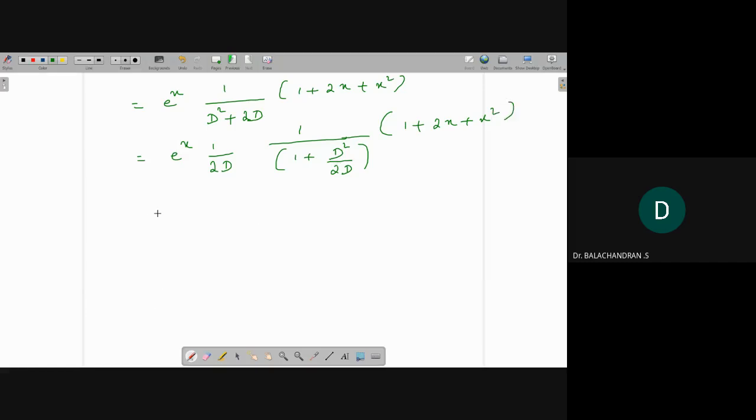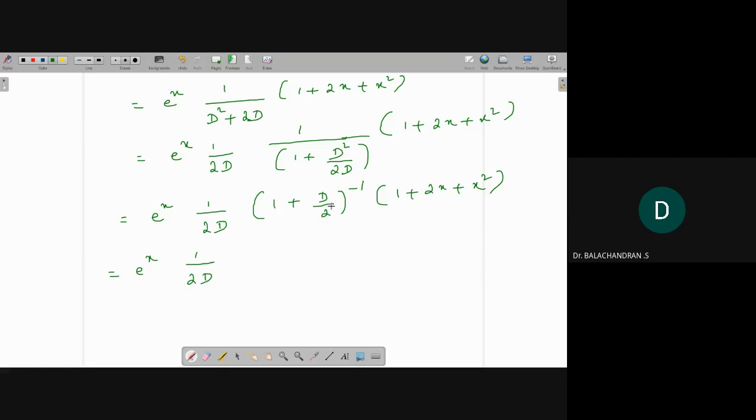So now this is equal to e power x, 1 by 2D, and you should write the numerator 1 plus D by 2 whole power minus 1, into 1 plus 2x plus x square.